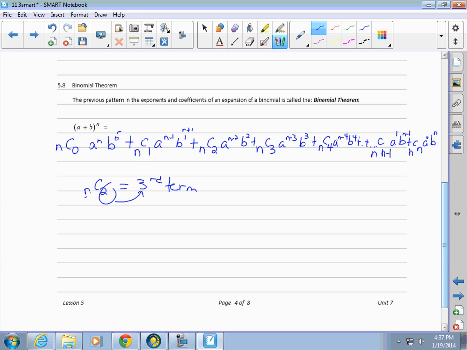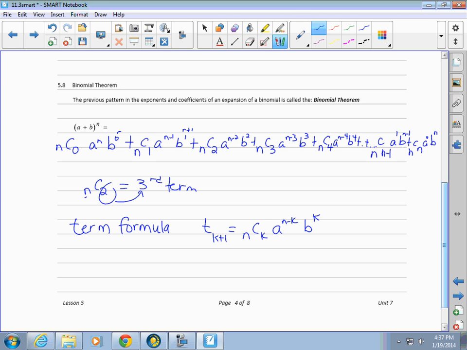So our term formula is: our term t(k+1) equals nCk, so n choose k, a to the power of n minus k, b to the k.